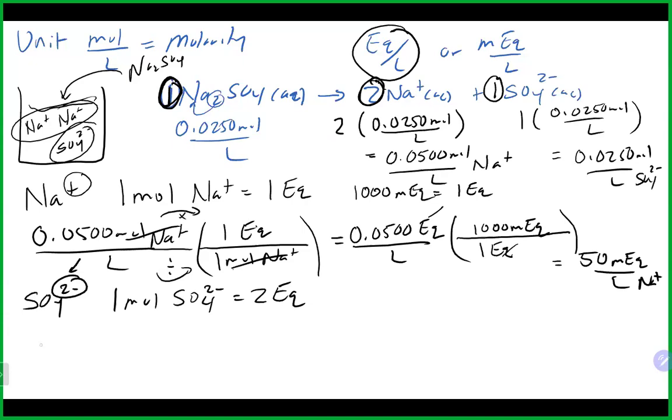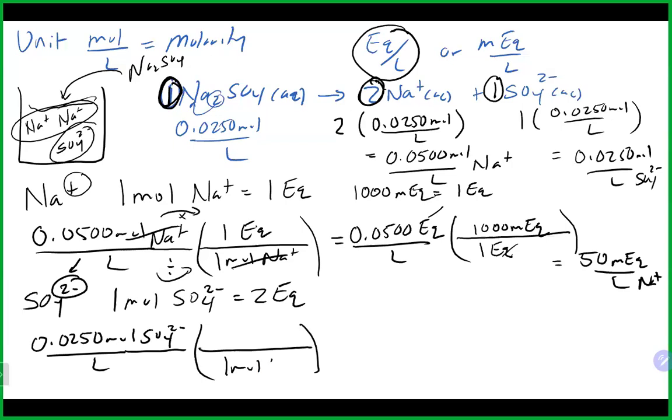So we will start with the 0.025 moles per liter of sulfate. We'll do our dimensional analysis here. Again, we want moles on the bottom. 1 mole of sulfate is 2 equivalents. Again, the moles of sulfate will cancel, and that will give me 0.05 equivalents per liter of sulfate in this case.